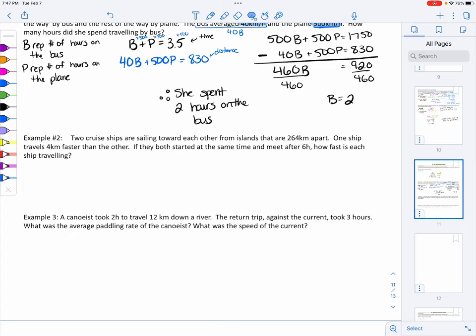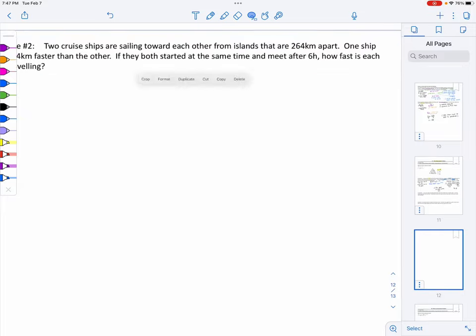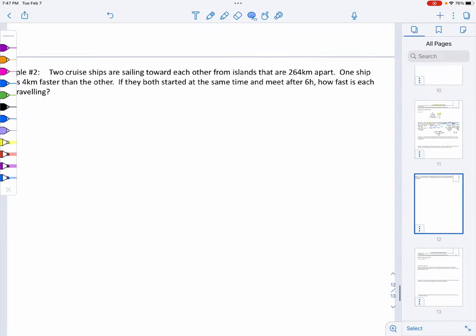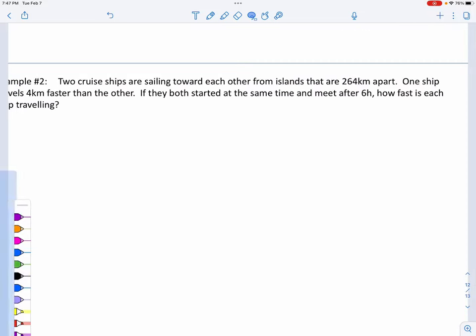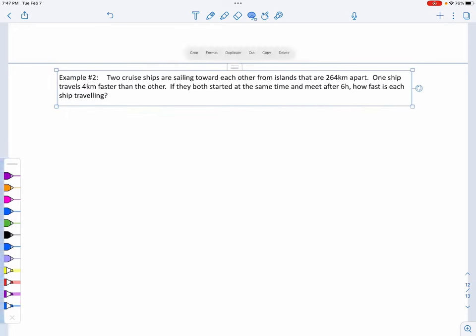One ship travels 4 kilometers faster than the other. If they both start at the same time and meet after 6 hours, how fast is each ship traveling? Okay, I'm just going to put it down here where we have more space.